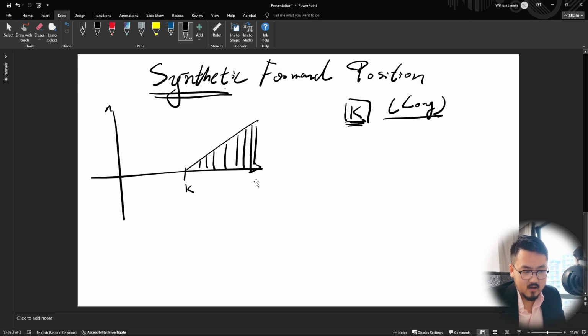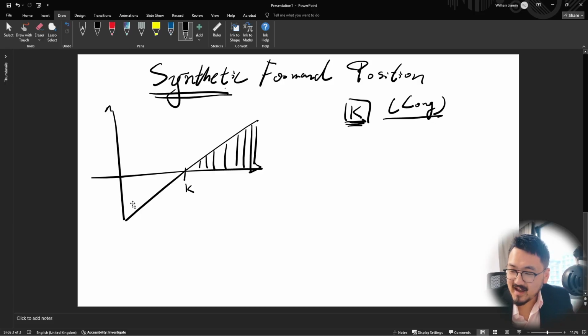But if unfortunately it's less than K, so it's cheaper at the market, you entered into a forward contract, so you have to buy at price K, but if you just went to the market you could buy at, I don't know, $1 or $2 per share.